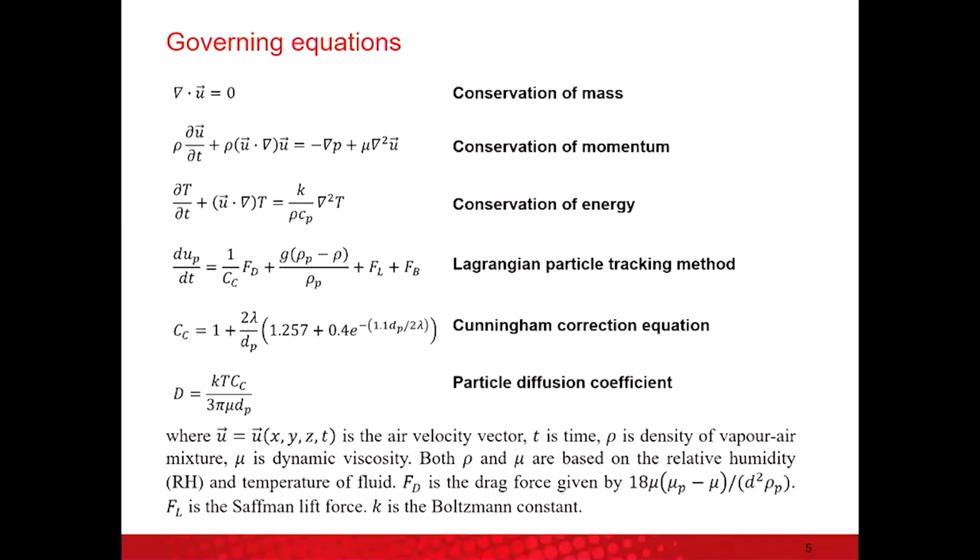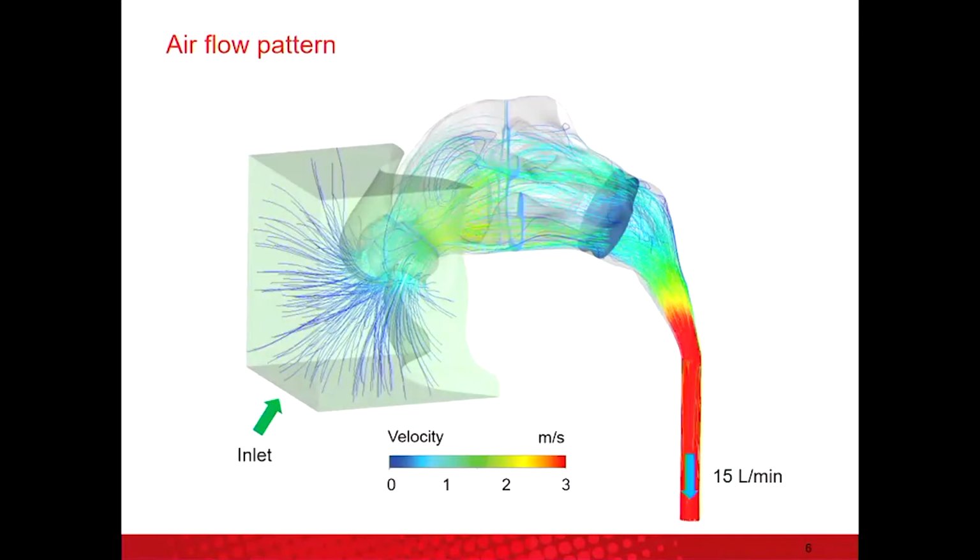And here are some governing equations of the CFD modeling. As we know, the CFD is to discretize the computational domain into very small elements, and the computer will help us to calculate the physical mechanism in each element based on these equations. So these equations are embedded into the CFD software.